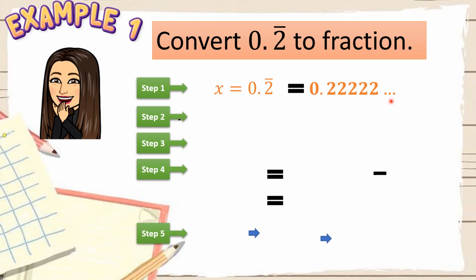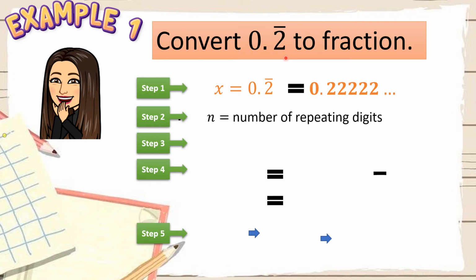Next, step number 2, we determine the number of repeating digits. What do you think will be the number of our repeating digits? We have here 1. So what is the place value after the decimal point with 1 digit? That is 10.